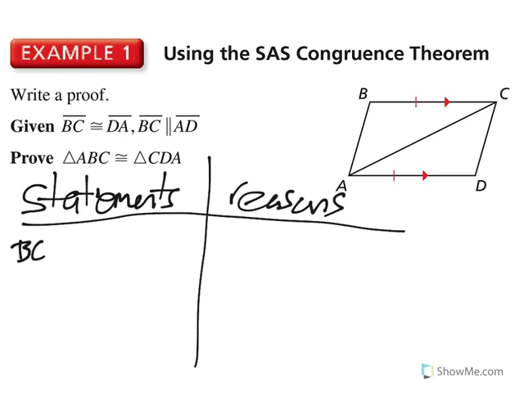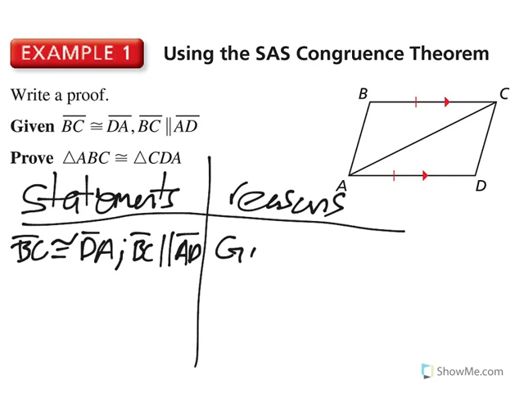So I have BC is congruent with DA. And I have that BC is parallel with AD. And my reason for these is just that they're both given. These have already been marked in my diagram, so I don't have to do anything else there.